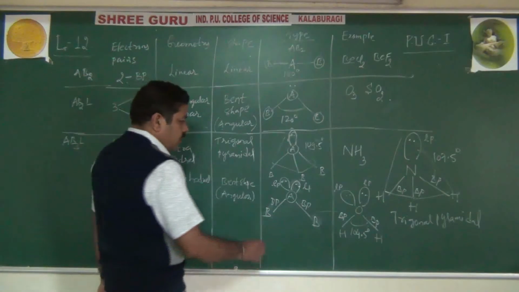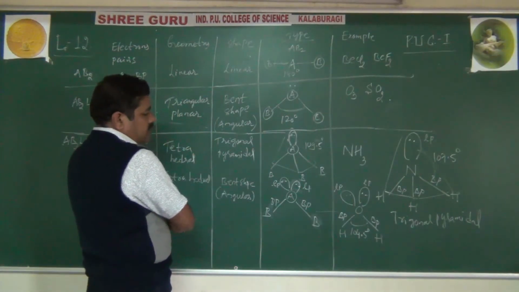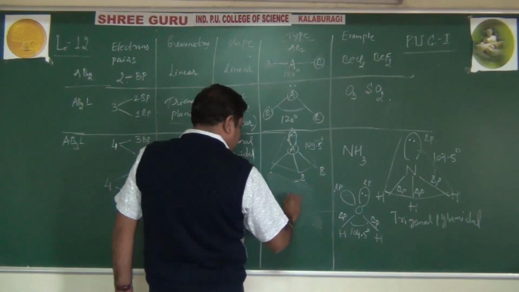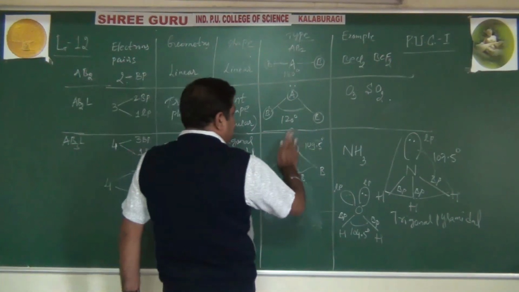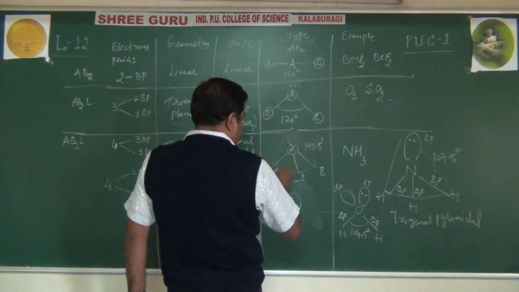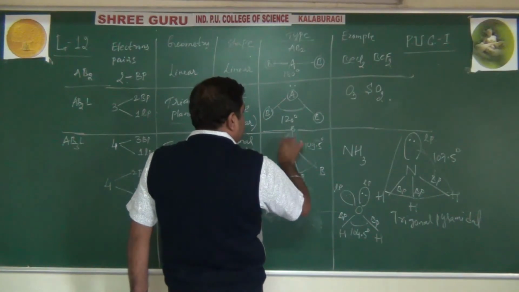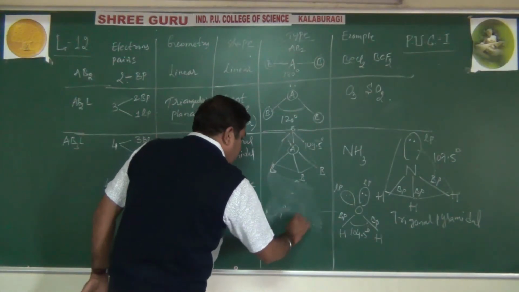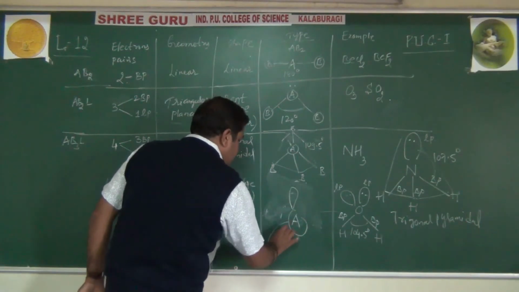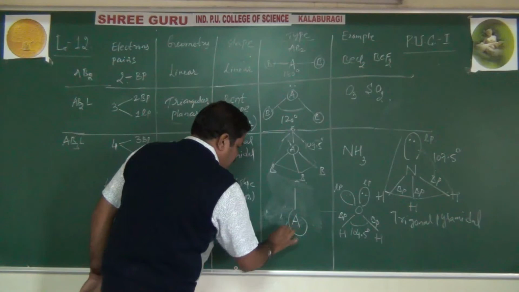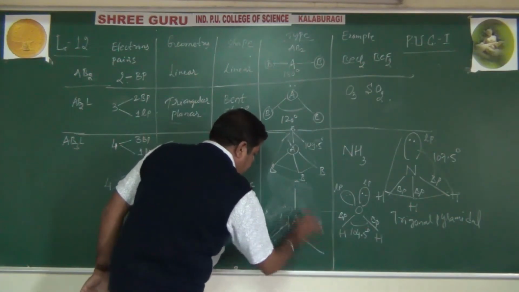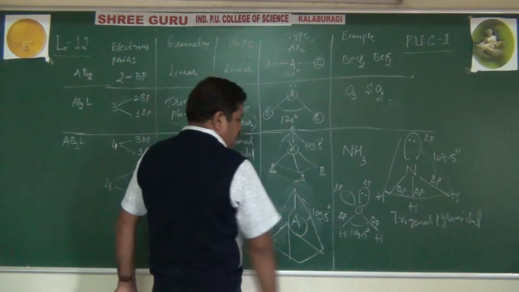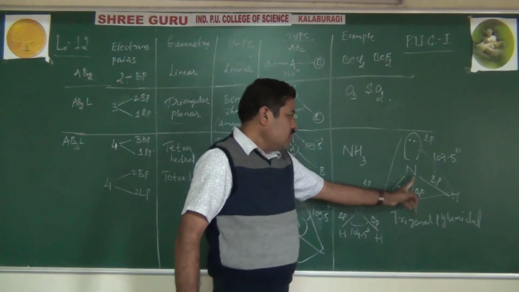The expected geometry is tetrahedral only, but the shape deviates. The bond angle deviated from 109.5 degrees to 104.5 degrees. In ammonia it is deviated to 107.5.